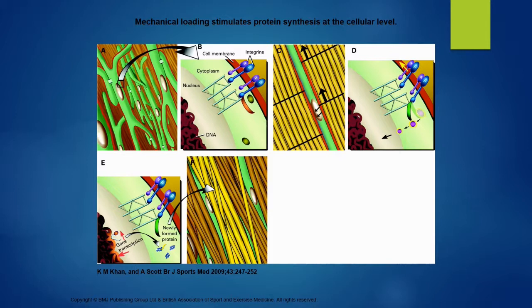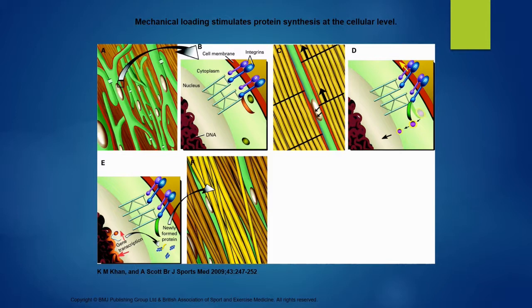It causes the development and the production of chemical signals, which are being depicted here. Chemical signals with a series of chemical intermediaries that result in a signal being directed to the nucleus to cause protein synthesis.